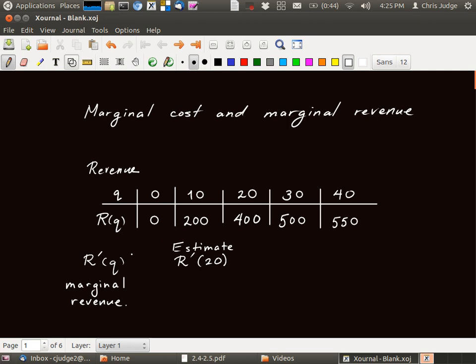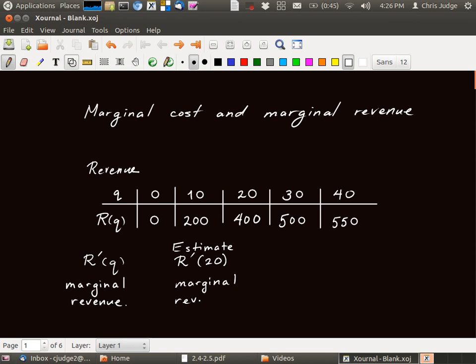Our previous usage of the word marginal revenue was to say that if I produce one more unit or sell one more unit, what will be the change in my revenue? In this case, I'm actually thinking about the derivative, the instantaneous rate of change.